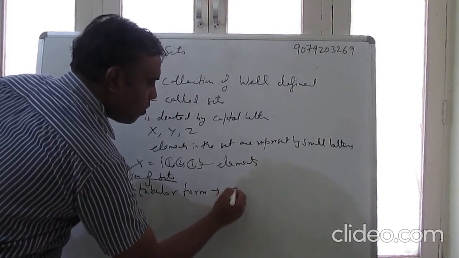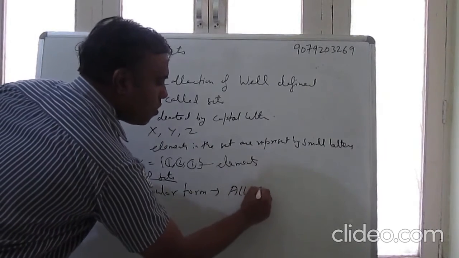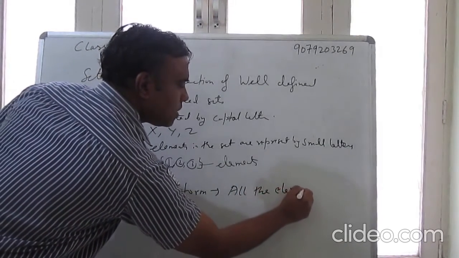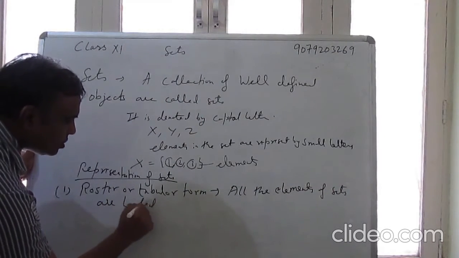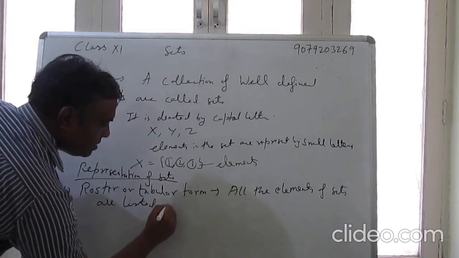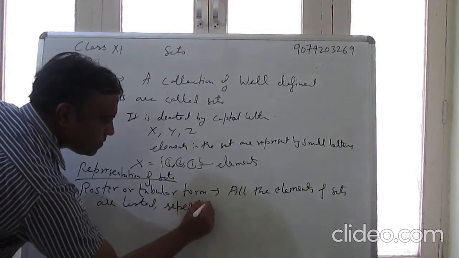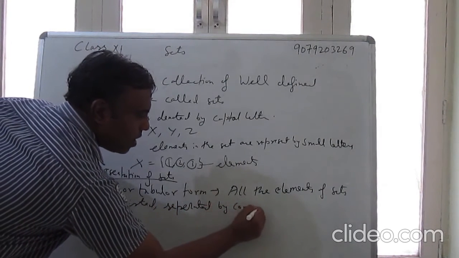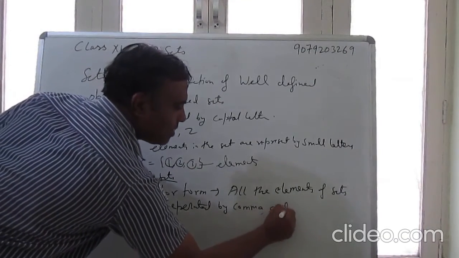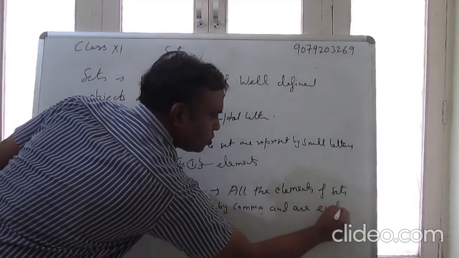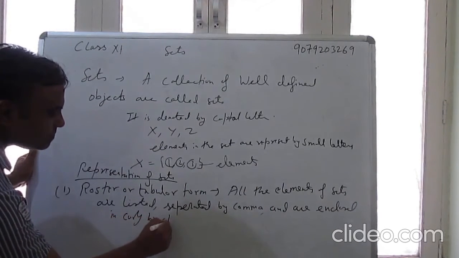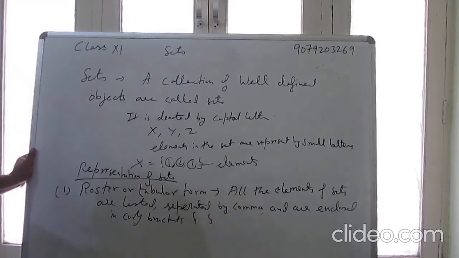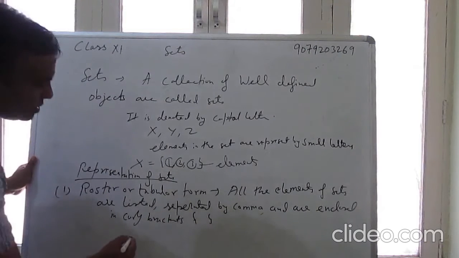In roster form, all the elements of the set are listed, are separated by commas, and are enclosed in curly brackets.